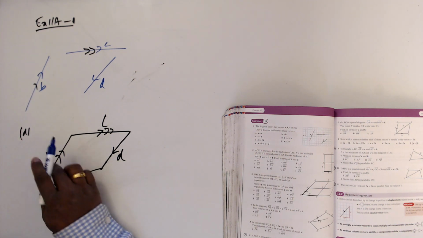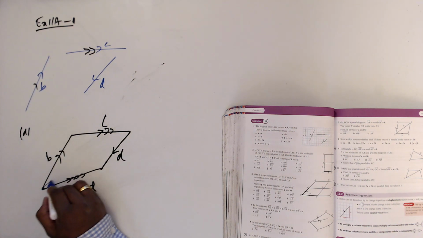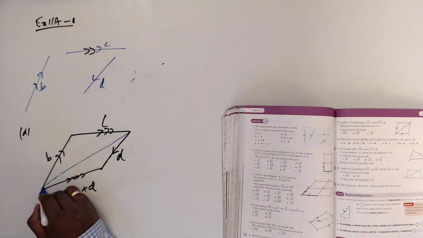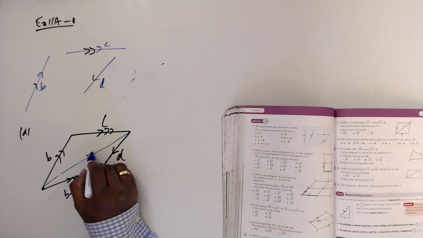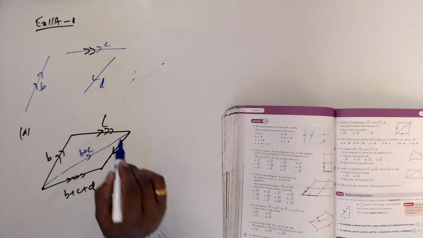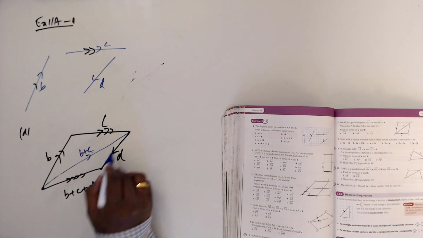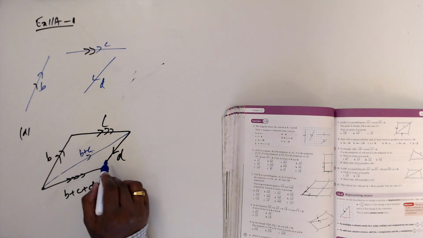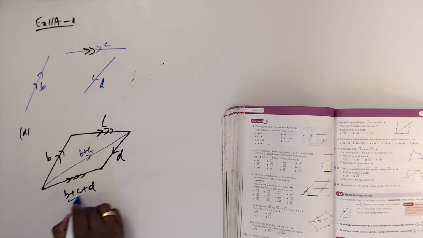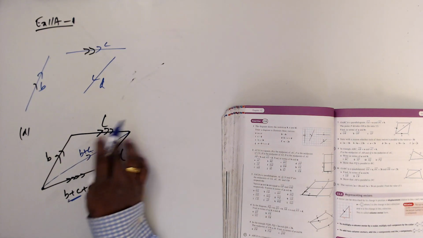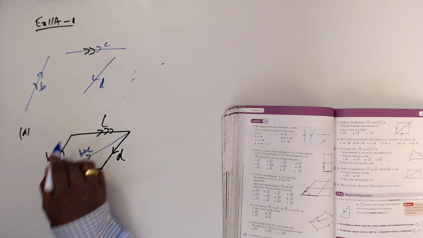We can consider those two together and finish this one. This is starting, this is ending, so this is B plus C. Then this one and this one, so B plus C and D. Instead of that, we can go straight to B plus C plus D.